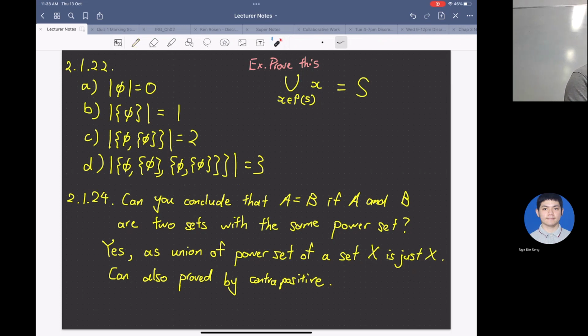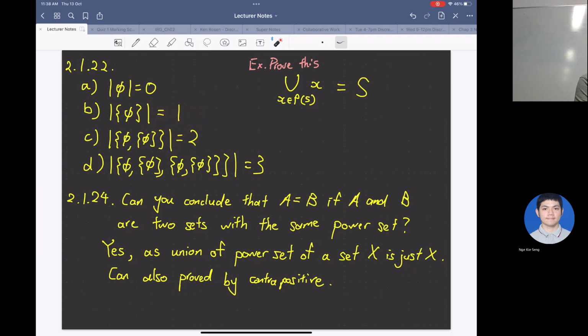Cardinality. So the cardinality of the empty set is 0. The cardinality of a set containing the empty set is 1, because phi is the element here. The cardinality of the set containing the empty set and the set of the empty set is 2, because phi is in here and then the set of the empty set is in here.